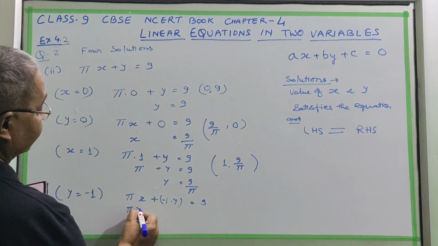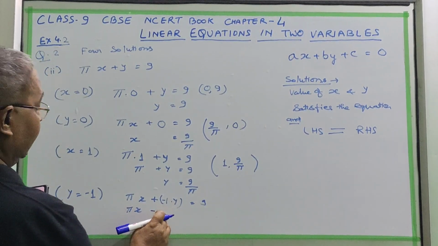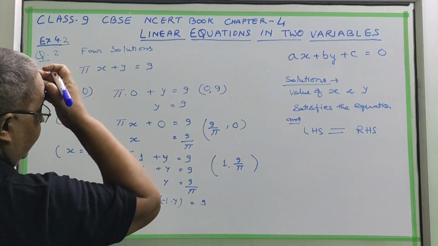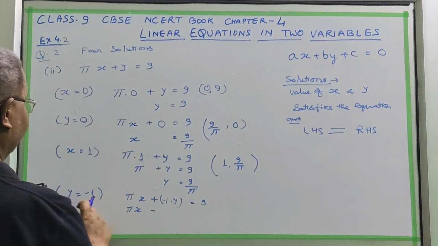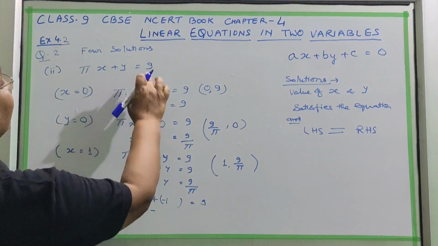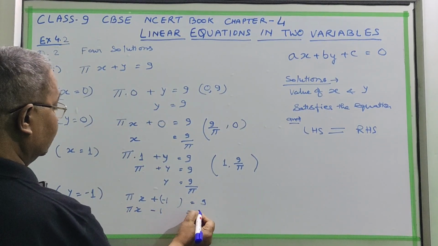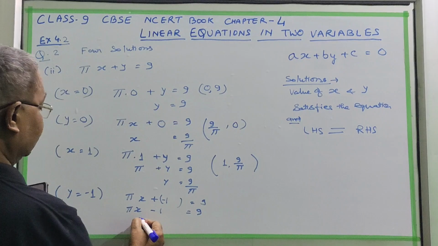So pi x minus, the value of y we have taken as minus 1. So minus 1 is equal to 9.